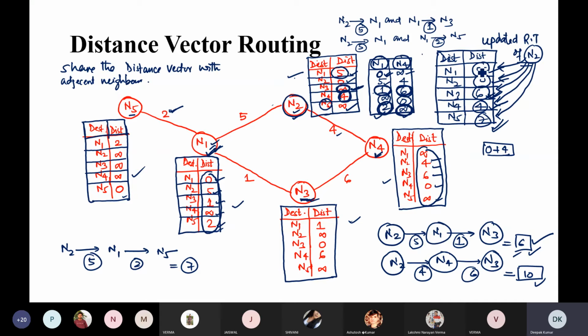N2 knows that I can reach N1 with the cost of 5. Here N2 knows that I can reach N2 from N2, that will be the same node, so that's why 0 only. Here to reach N3 cost will be 6, to reach N4 cost will be 4, to reach N5 cost will be 7. All these costs are the minimum shortest distance available between source and destination.